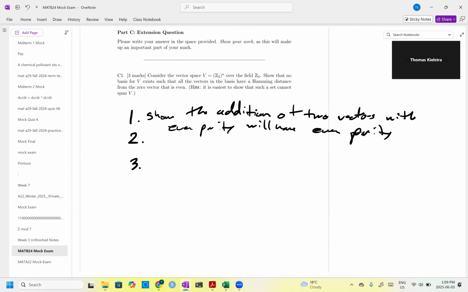Then we show 0 times even equals even in terms of parity, and 1 times even equals even parity.